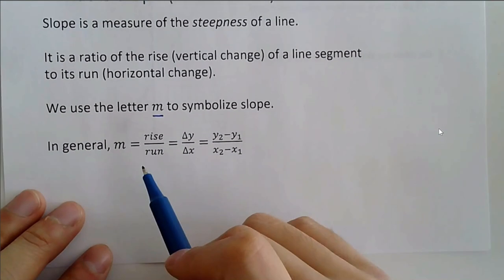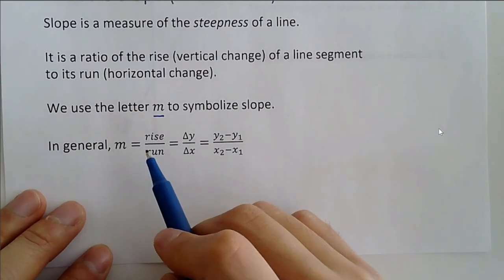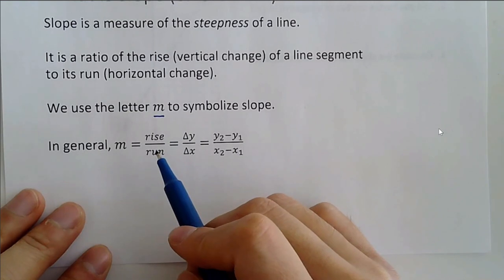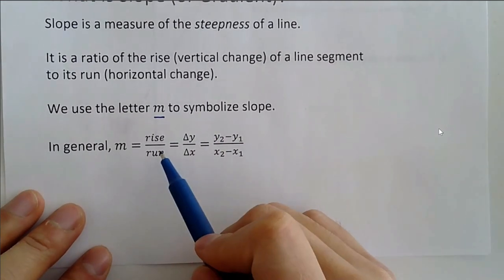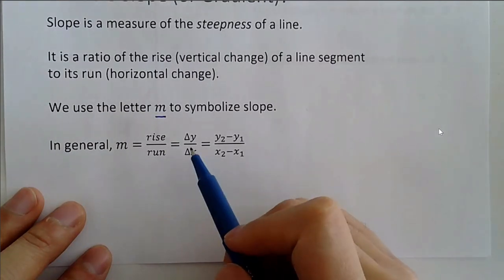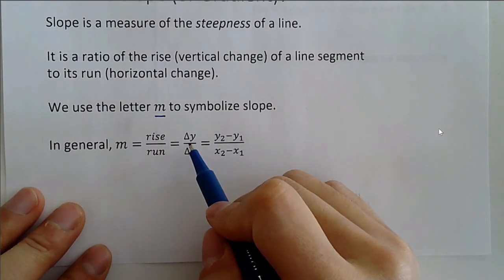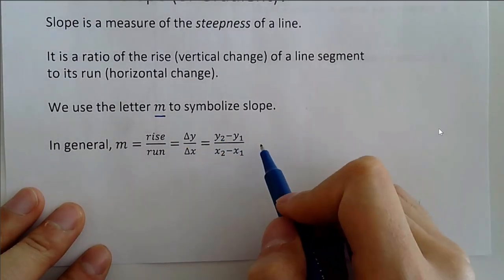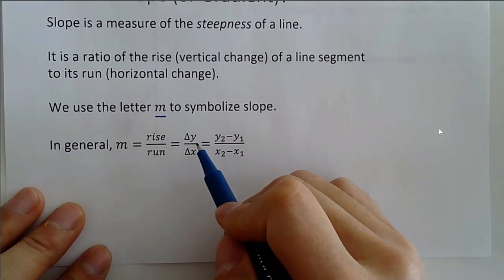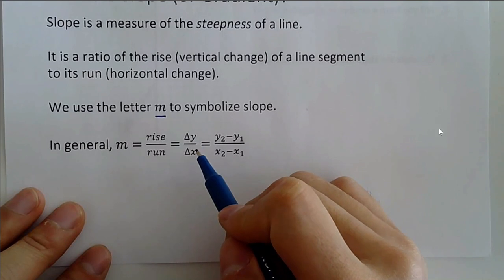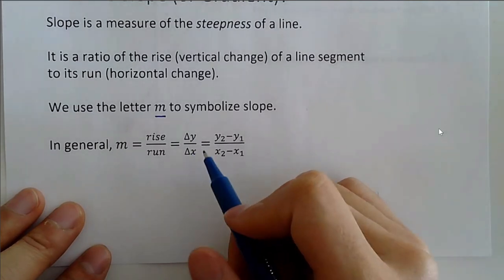There are many different ways to calculate slope. Slope is either rise over run, which is the same as y2 minus y1 over x2 minus x1, or delta y, meaning change in y, divided by change in x.